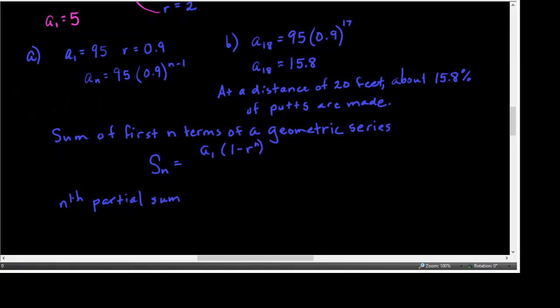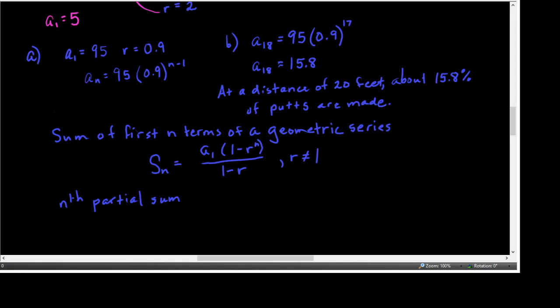Make sure you realize that that n is on the r, not on the binomial. It's not the quantity 1 minus r raised to the nth. It's 1 minus the nth power of r. So be very careful you get that n in the right place. Divided by 1 minus r. And of course, since we don't want to divide by 0, r can't be 1.